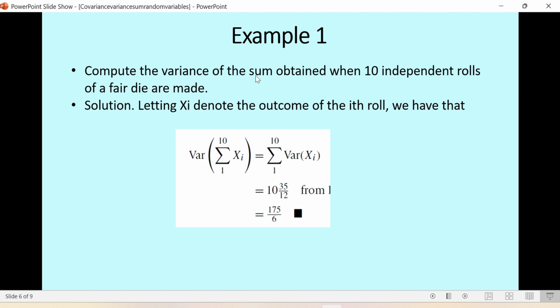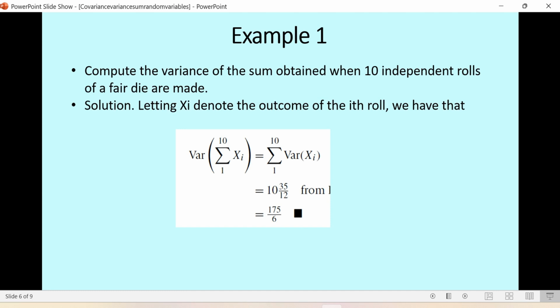Calculate the variance of the sum obtained when 10 independent rolls of a fair die are made. Each roll gives one of the 6 values, right? If we roll one time, we get 1, 2, 3, 4, 5 or 6.